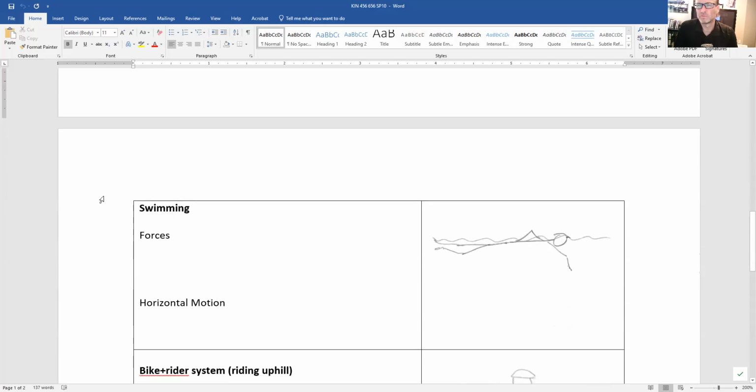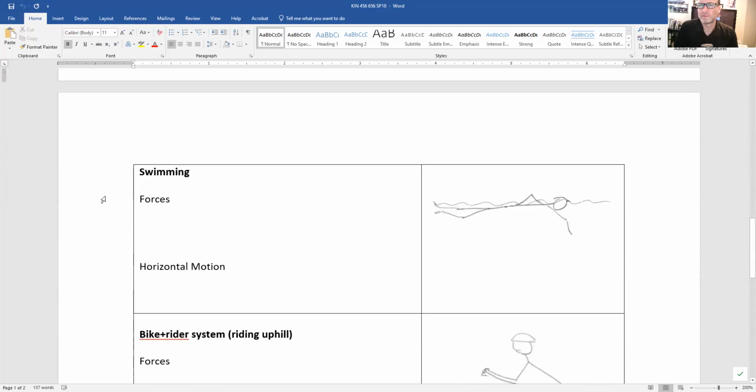So what I want you to do, and I'm not going to grade these in terms of a percentage. You're going to do these and it's going to be done. And then I'll add some comments later on about what was right and what was wrong for the group. So you're going to identify forces acting on the swimmer. You're going to list those forces right here. And then you're going to write out the equation for horizontal motion. How do you go horizontally in the swim?